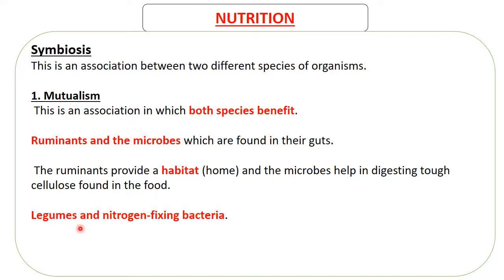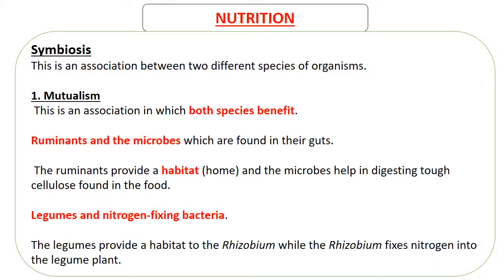So the legumes benefit by having a supply of nitrogen from nitrogen fixing bacteria, and the nitrogen fixing bacteria benefit by finding a home on the roots of legumes. So this is what I'm explaining. The legumes provide habitat to the rhizobium. The rhizobium is the nitrogen fixing bacteria, while the rhizobium fixes nitrogen into the legume plant.